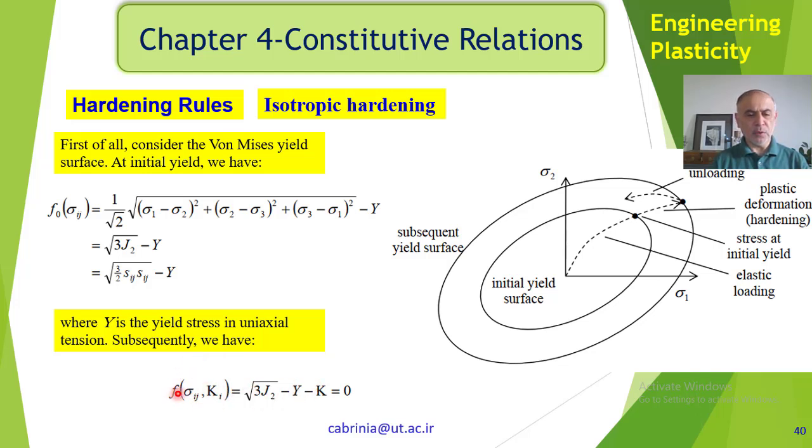Therefore, we could write the Mises criterion like that, because in the previous slide I wrote it in a general form, F0(sigma_ij) minus k. So here I have put root 3 J2 minus y instead of F0, because this is for Mises.